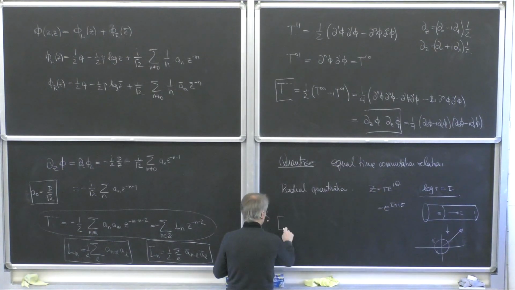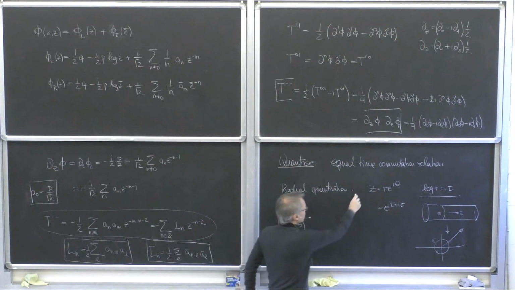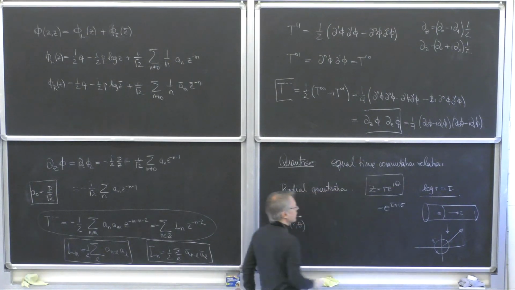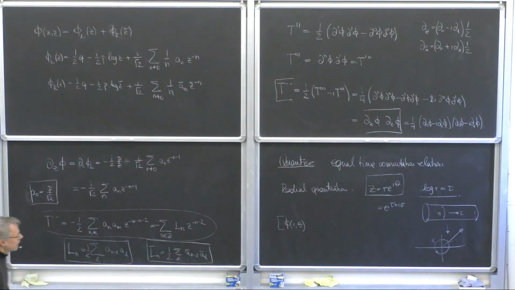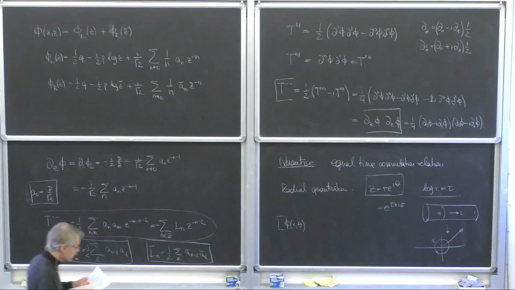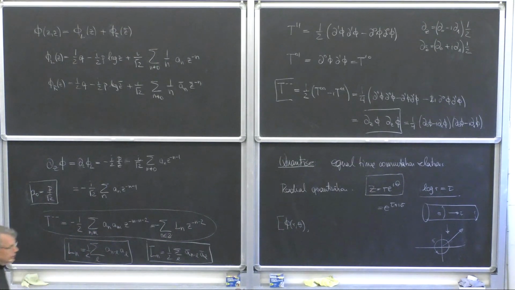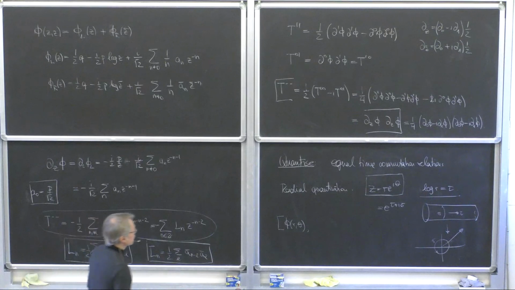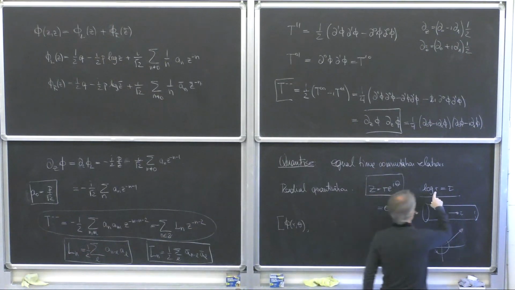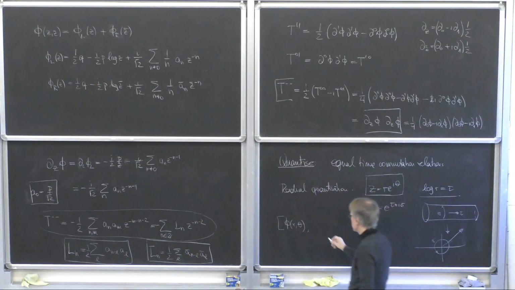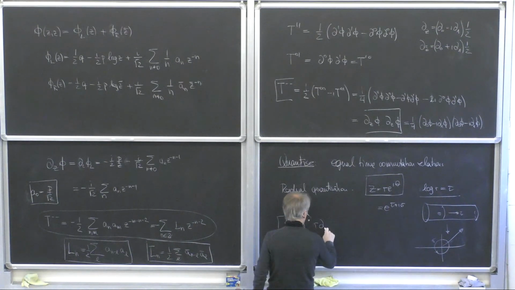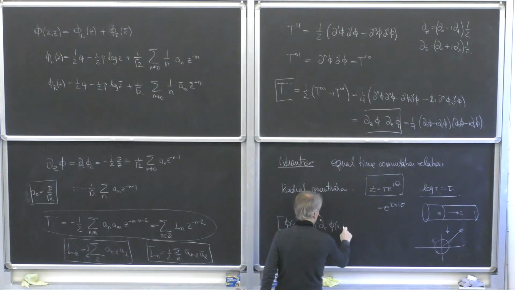So you have to impose something like phi of r and theta. I'm writing z as r times e to the i theta, and z bar as r times e to the minus i theta. The canonical commutation relation should be between the field and the time derivative of the field. Because log r is tau, the time derivative is r times d by dr of phi of r and theta prime.